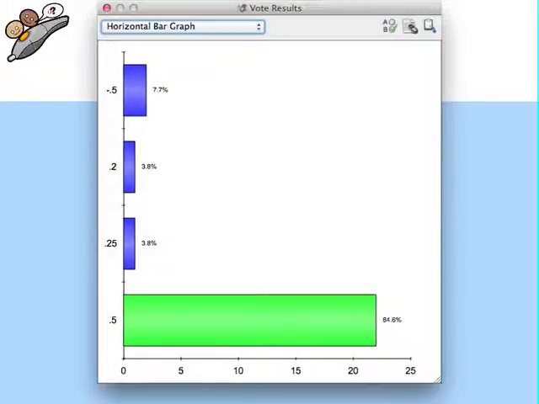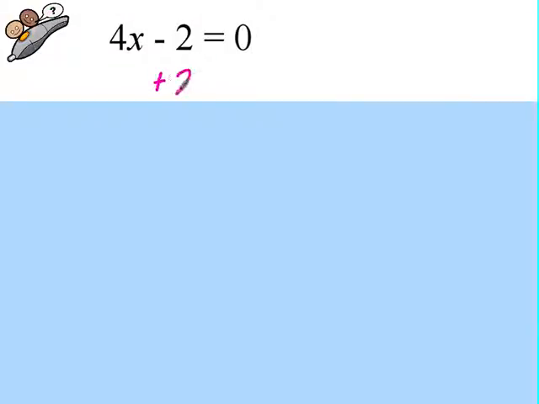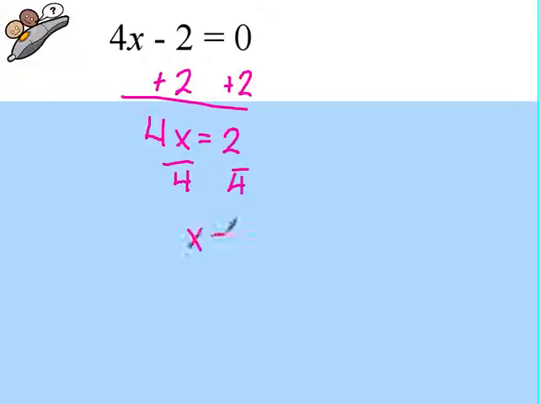Where we get 0.5 is we add 2 to both sides. So you end up getting 4x equals 2, and then you divide both sides by 4. If you reduce 2/4 down, you get 1/2. We know that 1/2 is equivalent to 0.5.